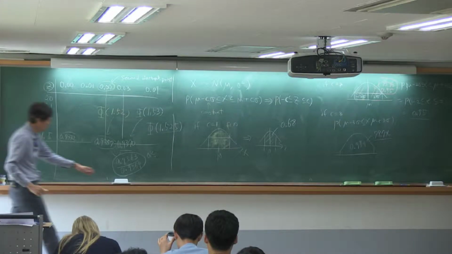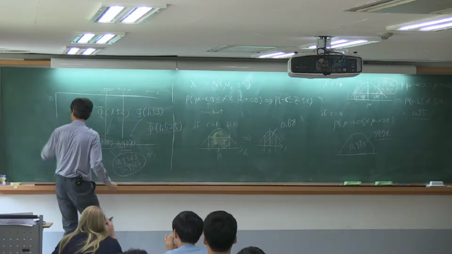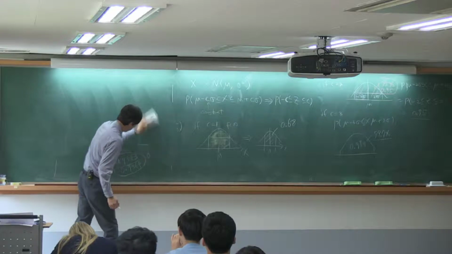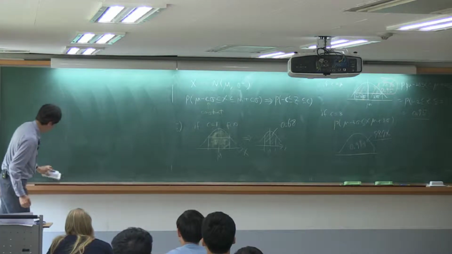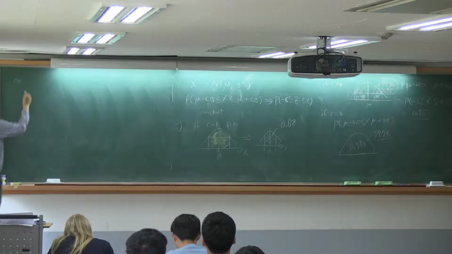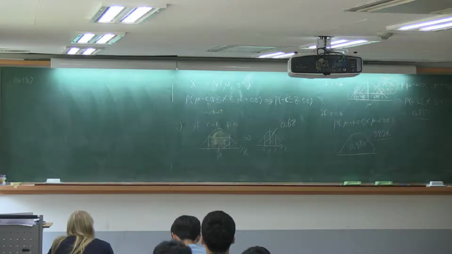Let's look at a simple example of the normal distribution. Example 18: tomato plant height.